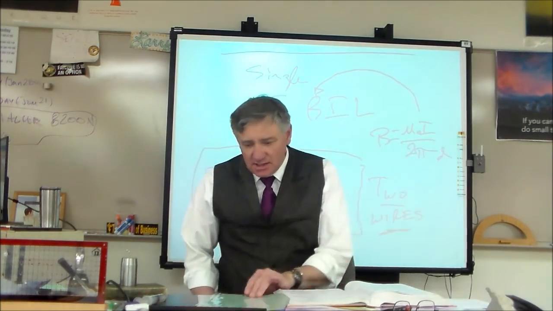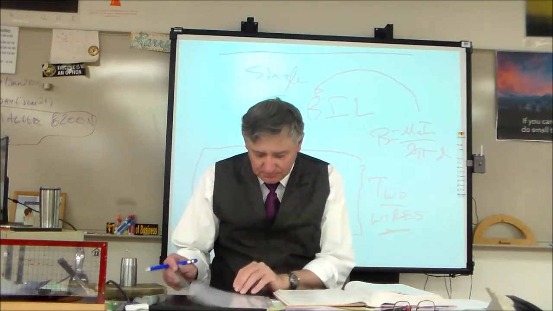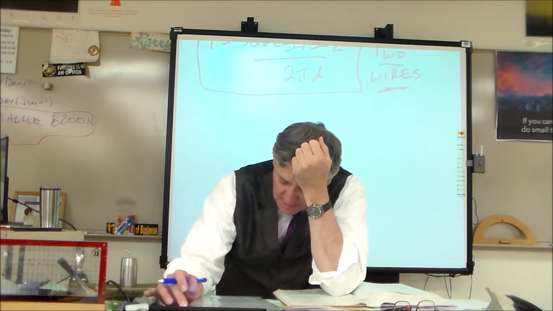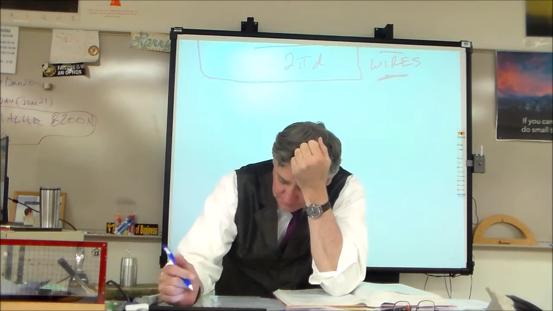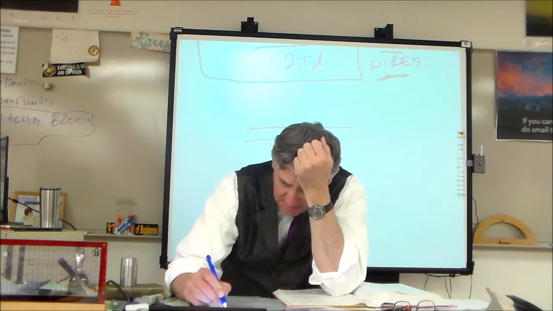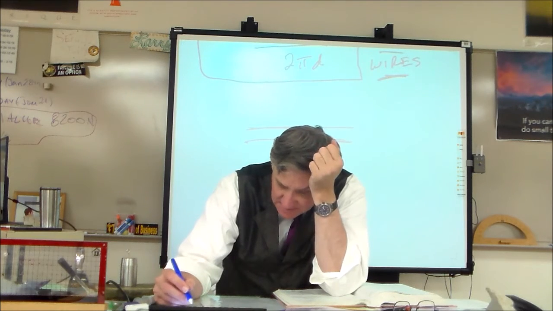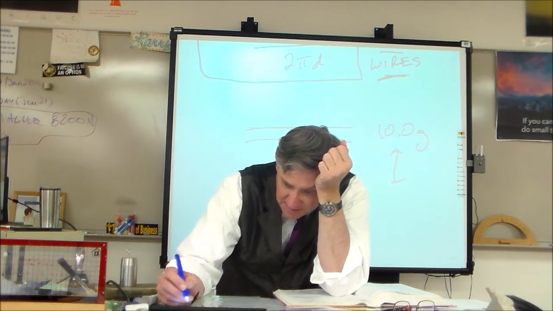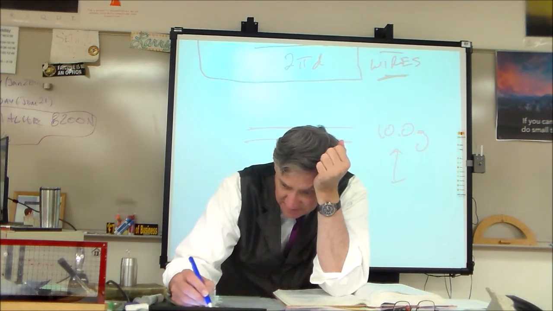So here's how this might play out. Let's say you might have a wire like this and a wire like this. And let's say that this has a mass of, I don't know, 10 grams, whatever it might be, and it's separated by a distance of like 5 centimeters, okay?